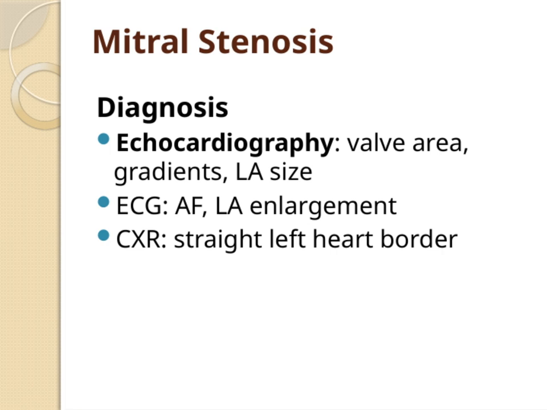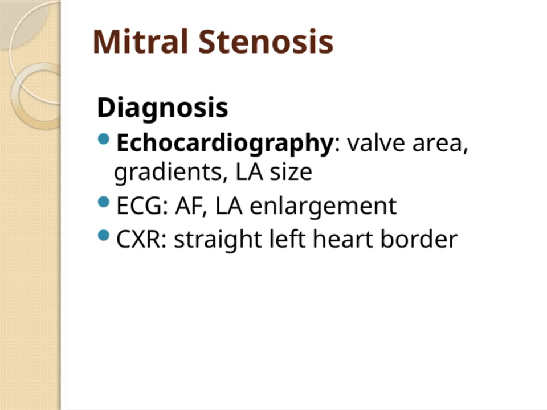Moving on to the ECG, we typically see atrial fibrillation, which is common in these patients, and often there's evidence of left atrial enlargement. Lastly, the chest X-ray can provide clues, such as a straight left heart border, which suggests left atrial dilation. Putting all these together, these diagnostic tools help us confirm mitral stenosis and understand its severity and impact on the heart.